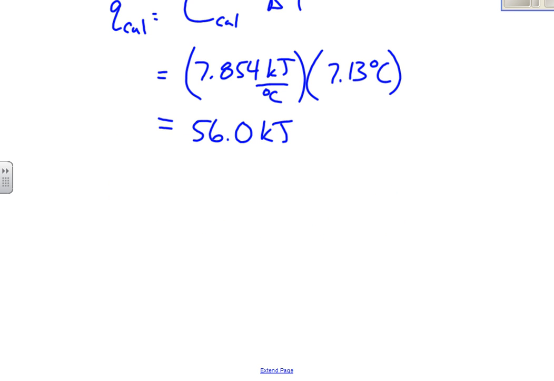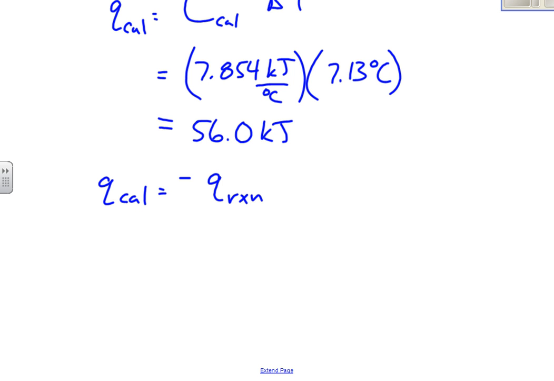So that's the amount of energy that the calorimeter absorbed. Remember that the Q for the heat absorbed by the calorimeter is equal to negative Q for the reaction, in this case the burning of the quinine.